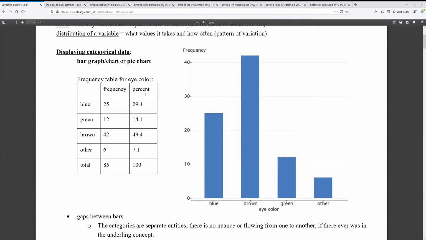Now, there's no reason you couldn't do it as a percent, with this representing 29.4%, and so on and so on. If you're creative enough and careful enough, you could relabel this existing bar graph so that this is height 29.4, and this is height 49.4, and this is height 14.4, and so on.